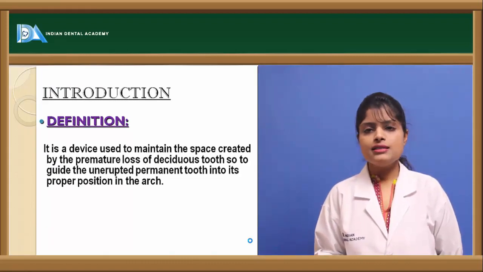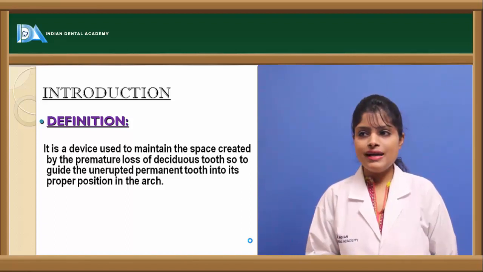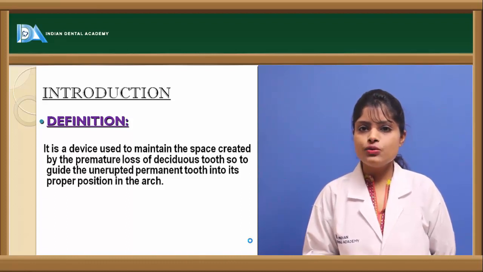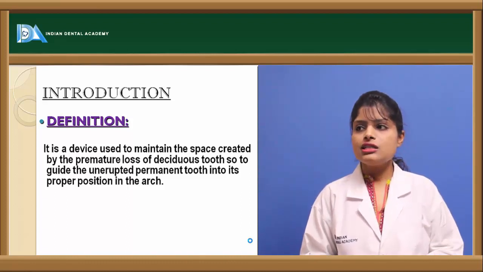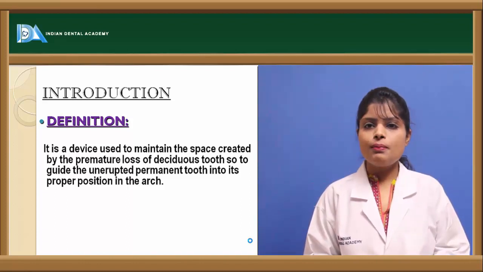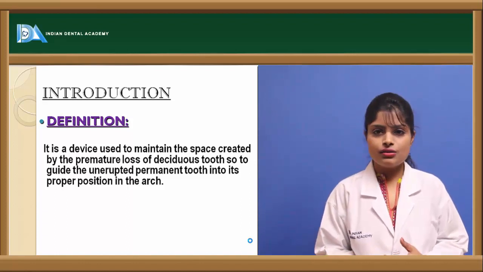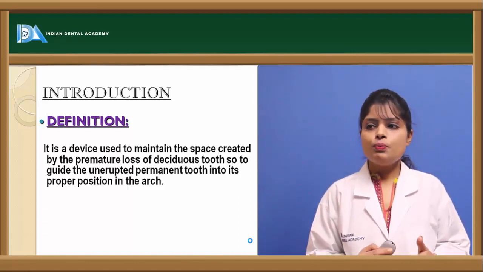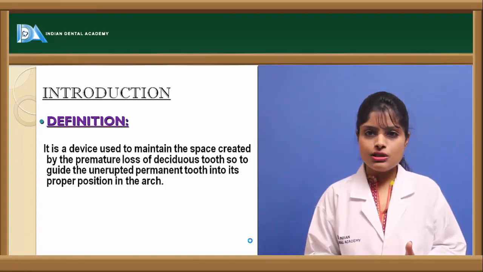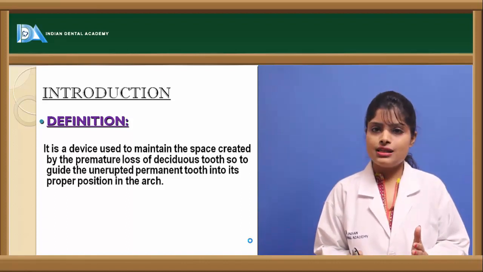Now, how can the space maintainer be defined? A space maintainer is a device or an appliance which is used to maintain the space which is created by the premature loss or the premature exfoliation of a primary tooth, so as to preserve or to guide the unerupted permanent teeth in a proper position in the dental arch.